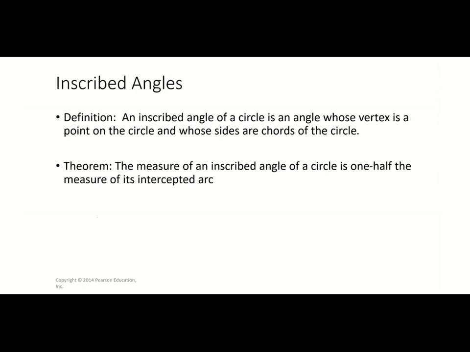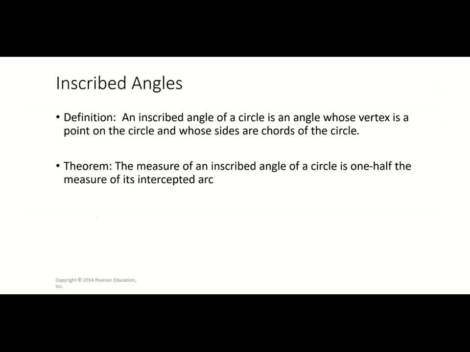All right, next we're going to look at inscribed angles. We're going to talk about them briefly here, and then we will also talk about them in section 12.2 as well. But an inscribed angle is an angle on a circle where the vertex is not the center of the circle, but it's on the side of the circle.